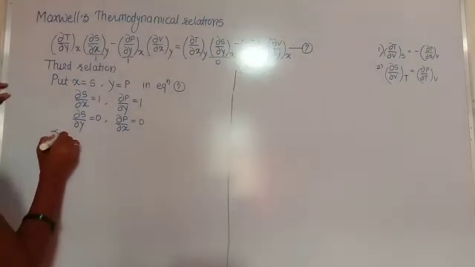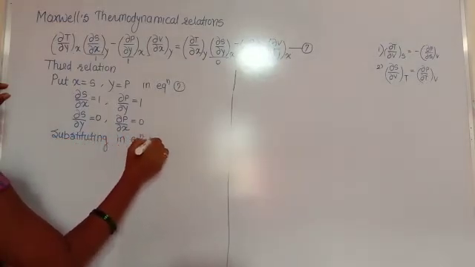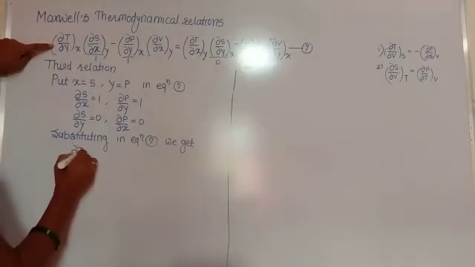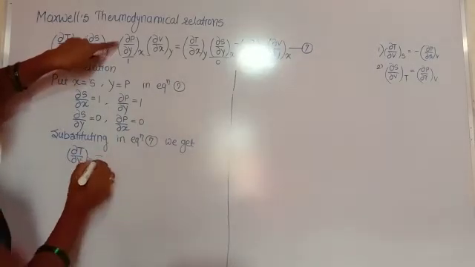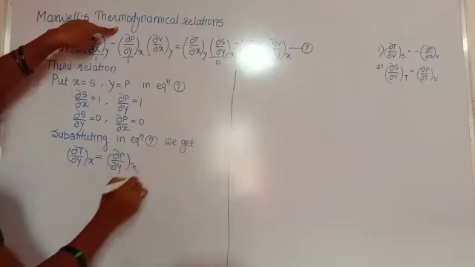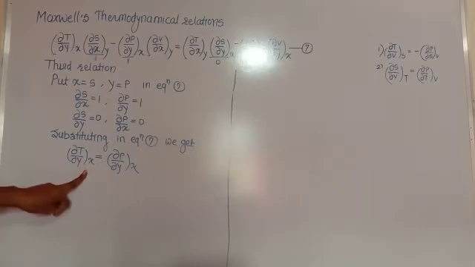Substituting in equation 7, we get del T by del Y at constant X with value 1, minus del P by del Y at constant X, with these terms being 0. So we get two values.